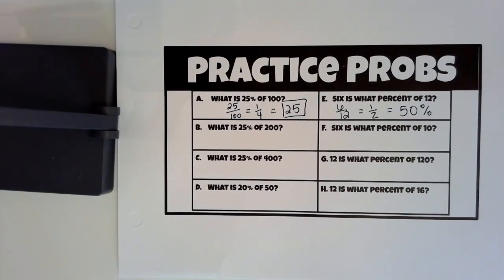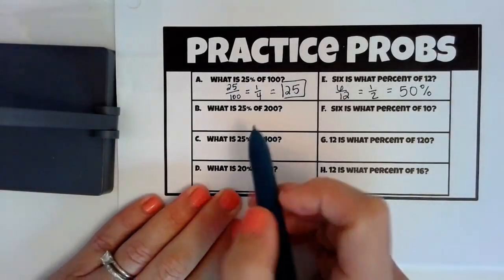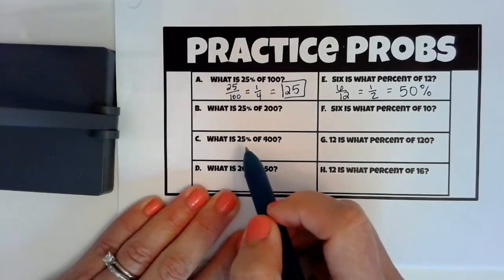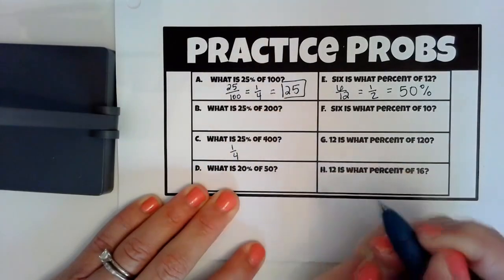Okay, so now we've got, if that didn't give you enough time, go ahead and pause it and keep working. And we'll come back to it to make sure you did it right. But let's do C and G together, and maybe that will help you figure out if you did B and F correctly. So 25%, we know from A that 25% is 1/4 of 400.